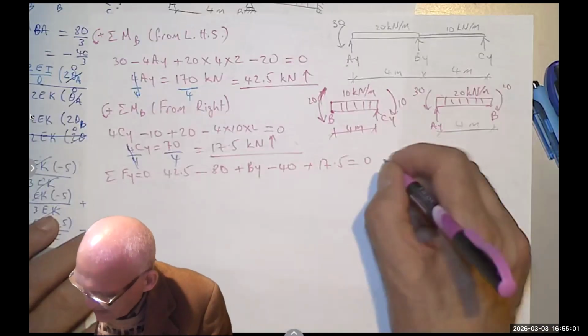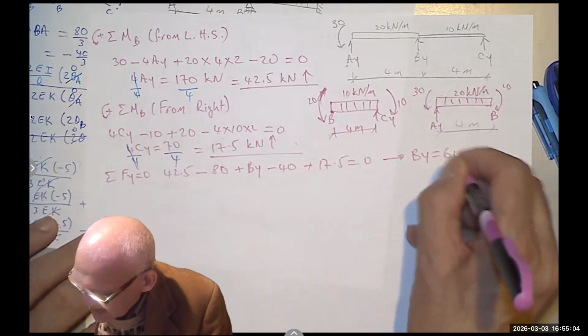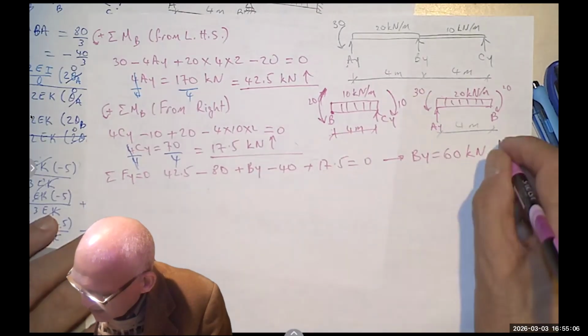Move it to the other side, you get BY equals 60 kilonewton positive, meaning going up.